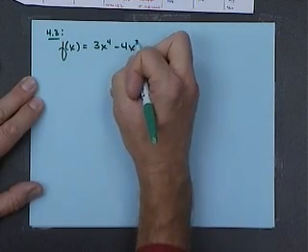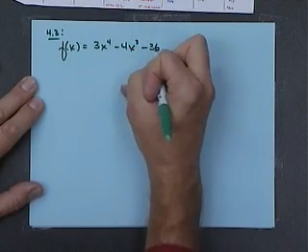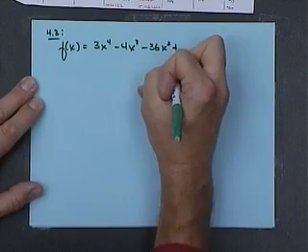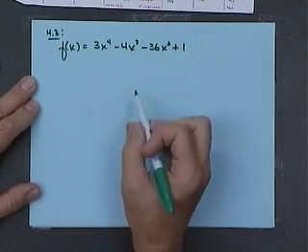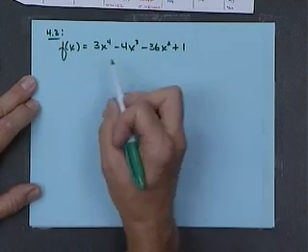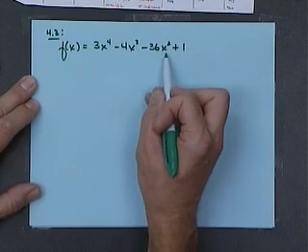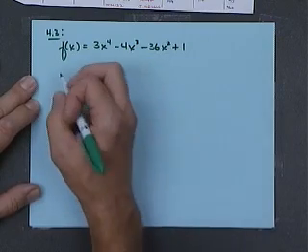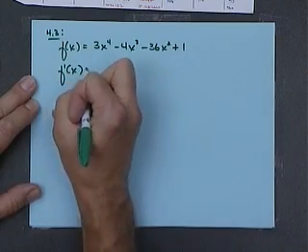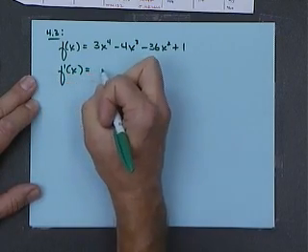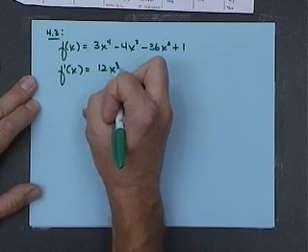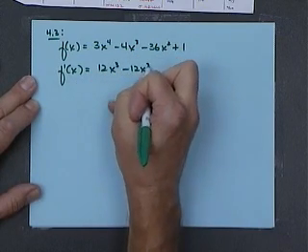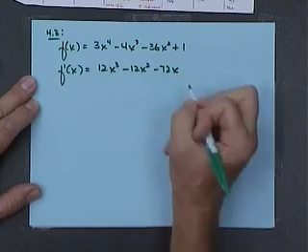So here was the fourth degree polynomial. This problem is made a lot easier because it has a fourth degree, third degree, and second degree term, and there is no linear term, which makes the first derivative a whole lot easier to work with. The first derivative was 12x cubed minus 12x squared minus 72x.